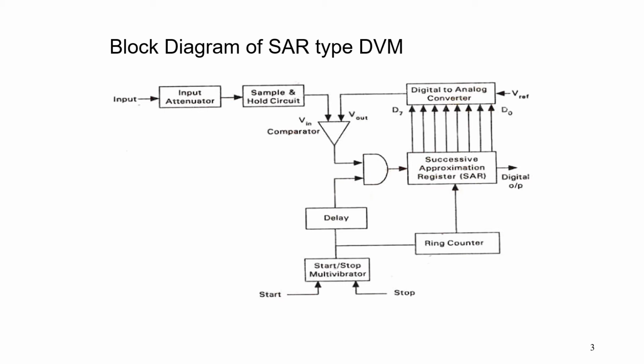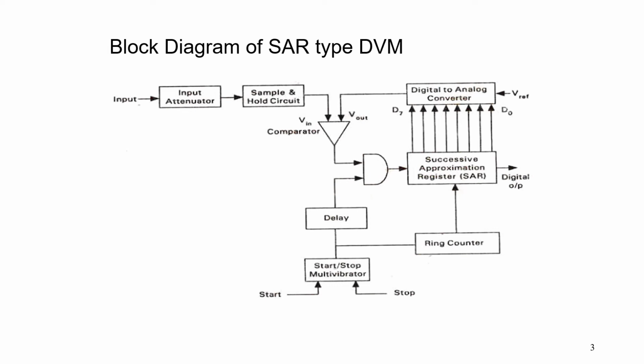If the input voltage is greater than the converter reference voltage, the comparator produces an output that causes the control register to retain the one setting in its MSB, and the converter continues to supply its reference output voltage of half the V reference.